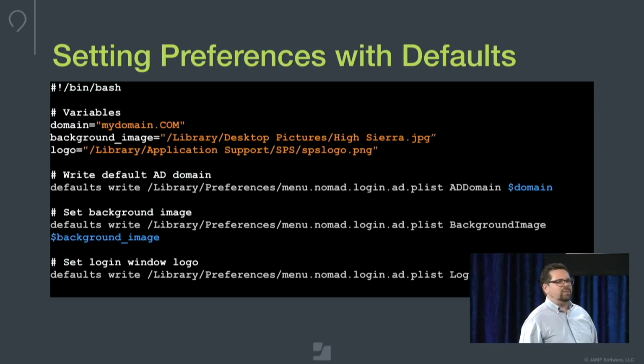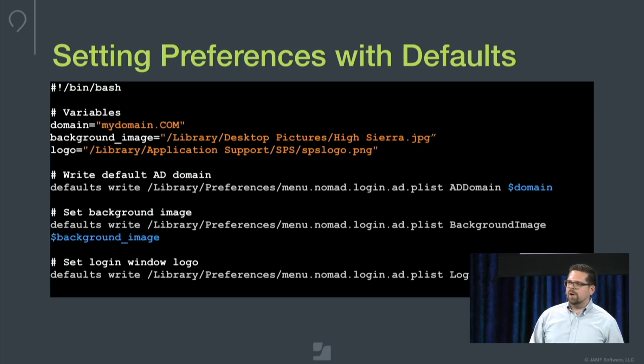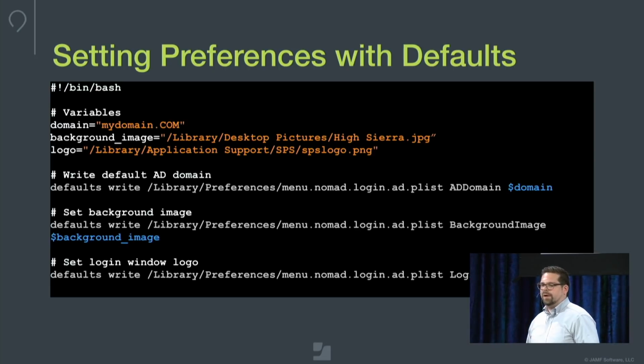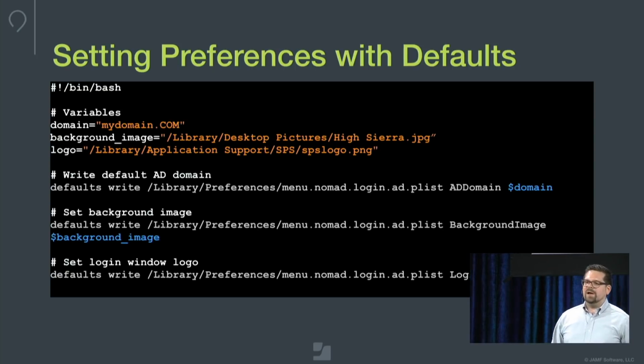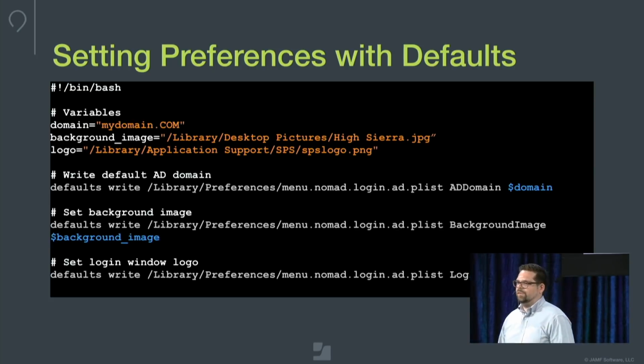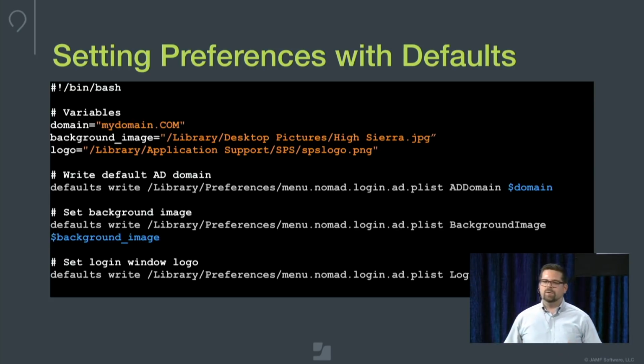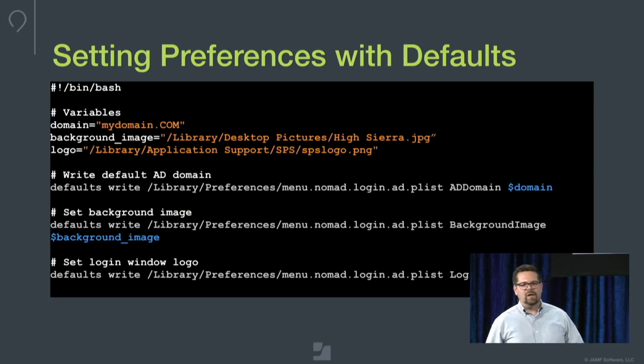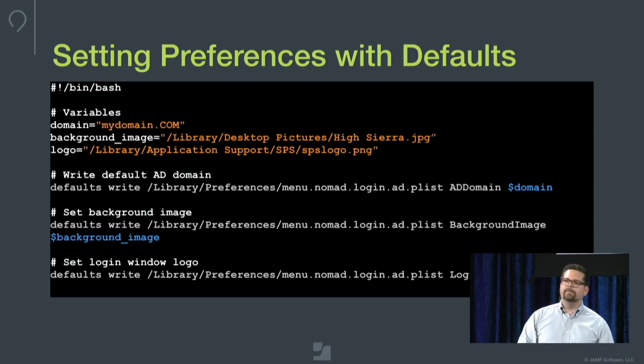And so what that meant is that there was no guarantee that before NoMAD Login launched at the login window we had any preferences set. Now we have await configuration, which enables us to actually make sure that the profile, which sets all your preferences, is installed, and then NoMAD Login launches.